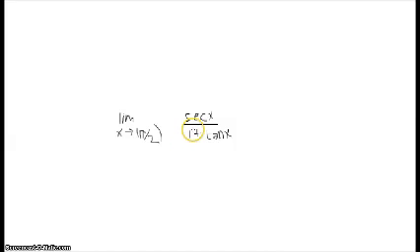For this problem, we're going to tie in L'Hopital's rule. For secant x, remember that in your trigonometric functions, the derivative of secant x is going to be secant x tangent x over the derivative of this bottom function, which is going to be secant squared x.